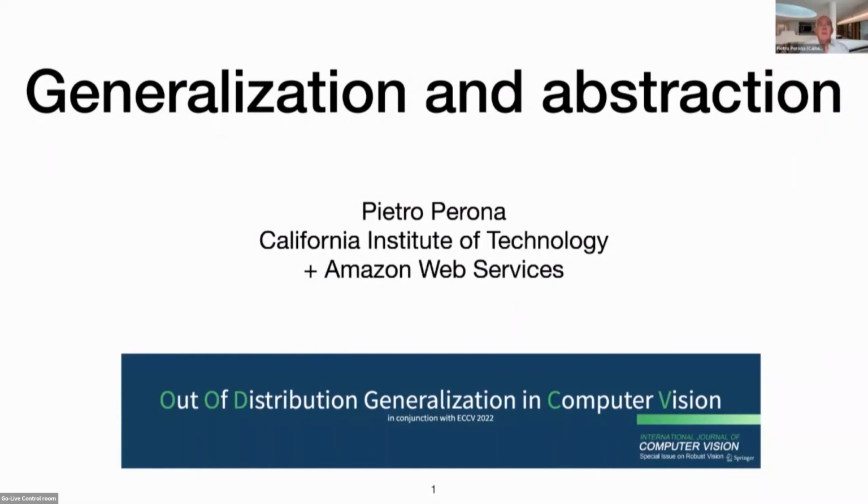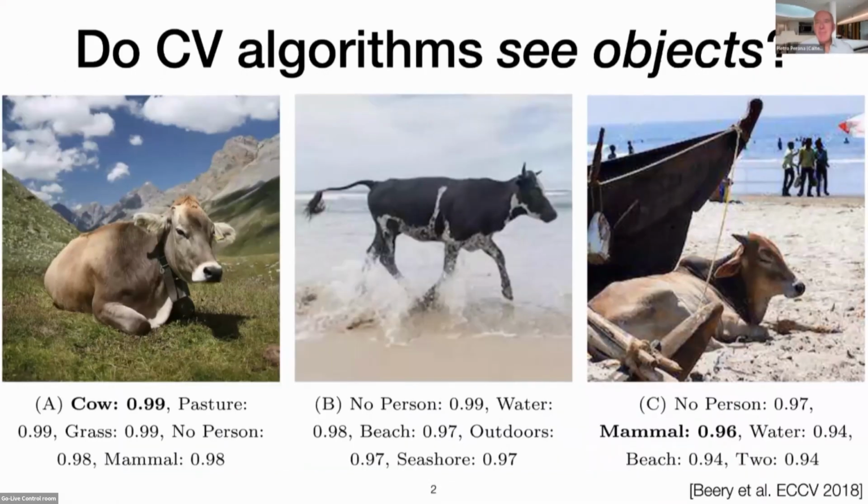Okay. So first of all, this workshop is here because we don't know how to generalize, and this is a picture that appears in a paper by Sara Beery from a couple of years ago, where I tried the Clarifai system on these 3 pictures of cows. As you can see, the left picture is classified correctly.